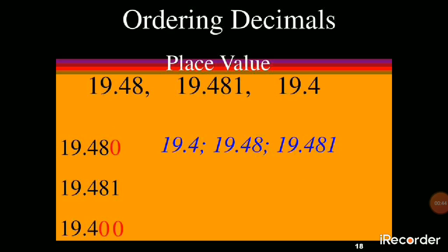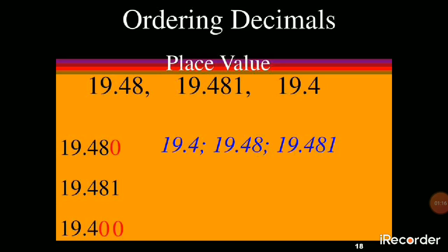Now ordering decimal place value. As we see, 19.48, 19.481 and 19.4. These three decimal numbers are unlike decimals. First of all, for comparing decimals, we have to make like decimals.